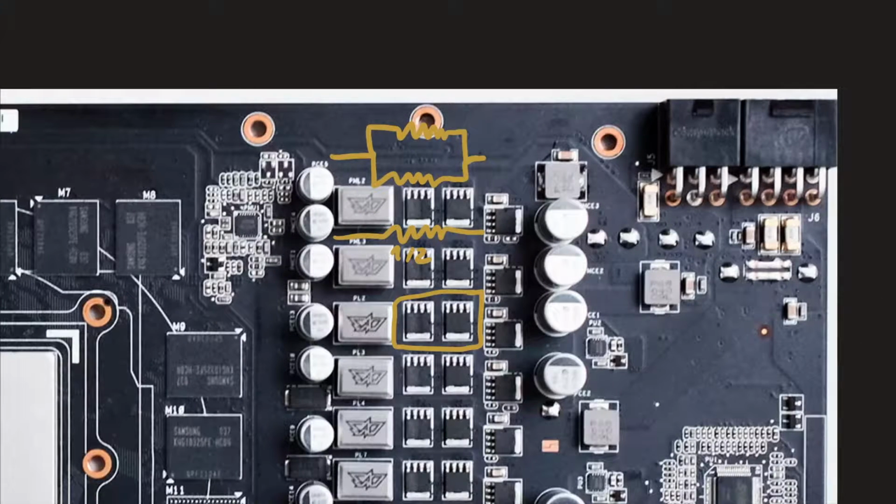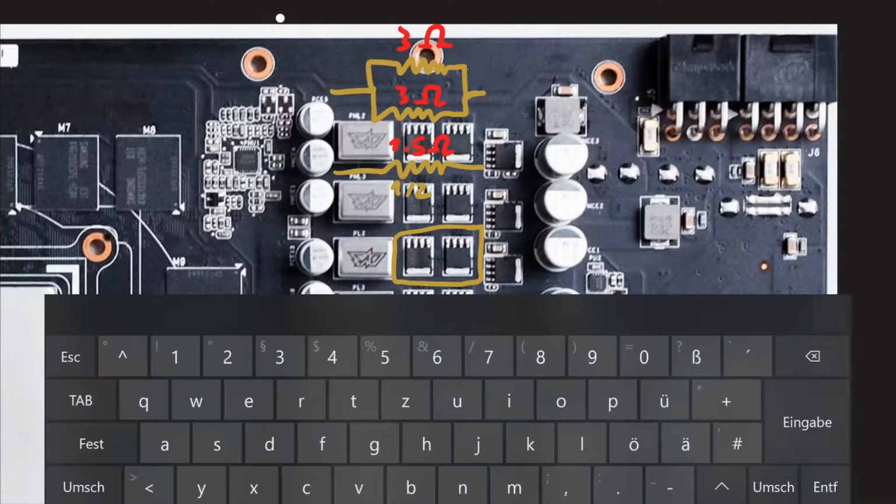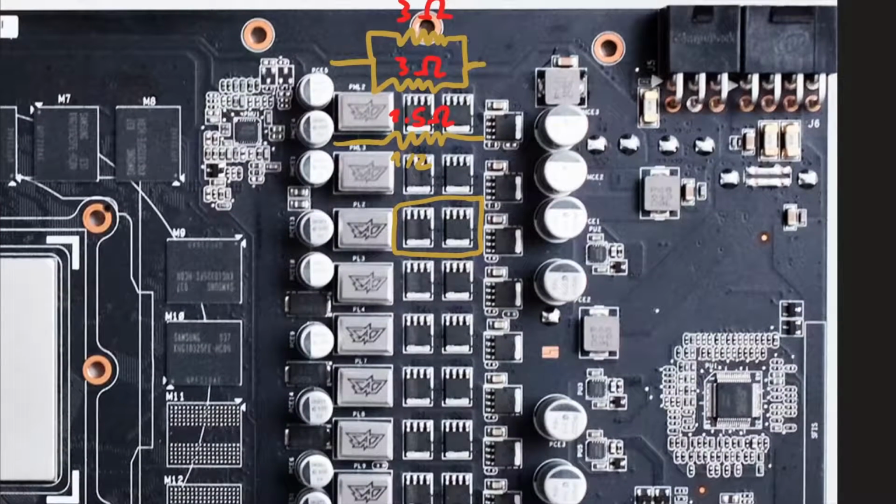So I think I'm going to switch to another color. If you have 3 ohms for each of these resistors, you will end up with 1.5 ohms effectively if you put those together as one combined resistance. So that means you will only have half the heat output because your resistance is effectively halved, because only half of the current will go through each of those MOSFETs.